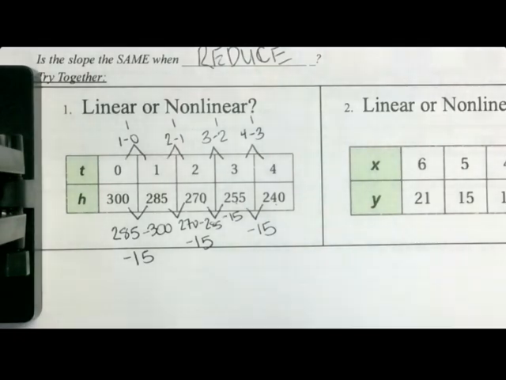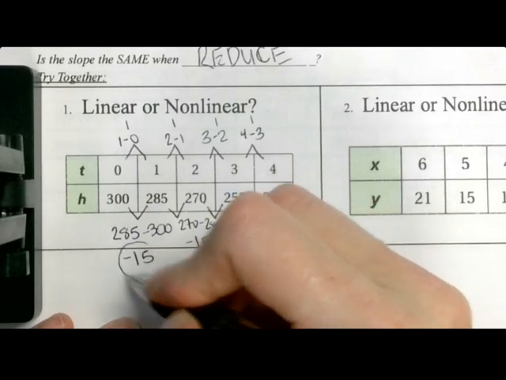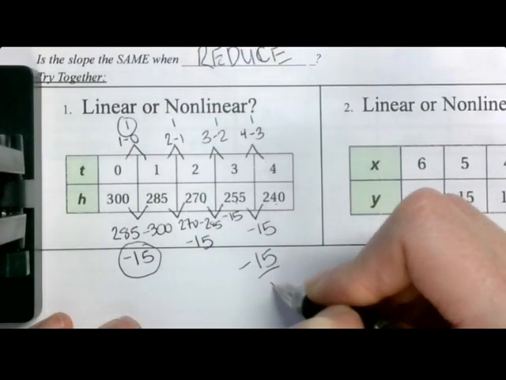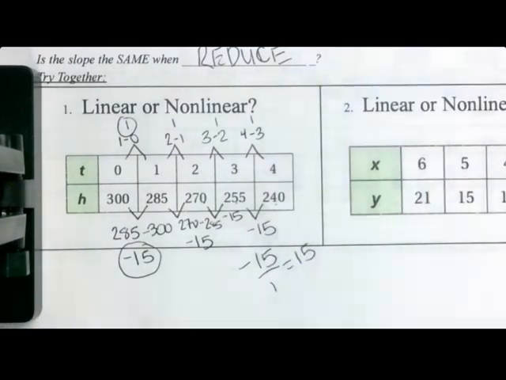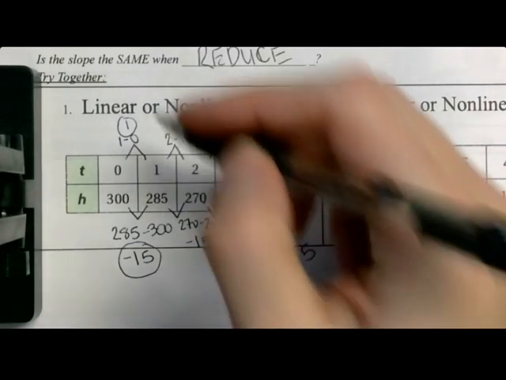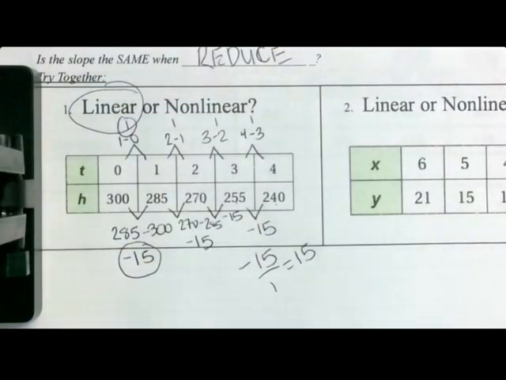From there, I'm going to put this number over this number as a fraction. That is my slope. So every single one of these is the same. That means that it is linear. All right, so that's what we're looking for.